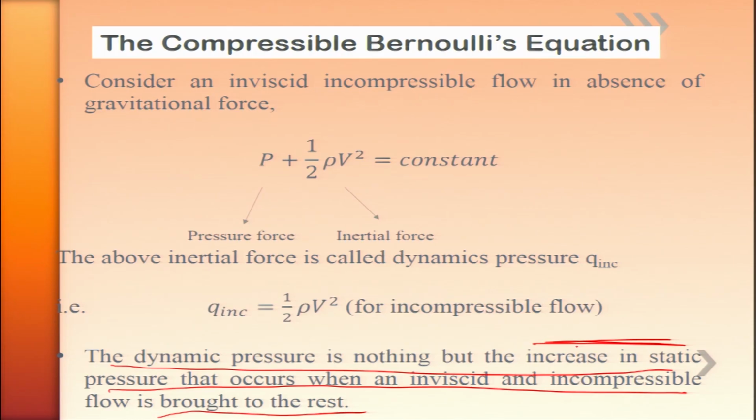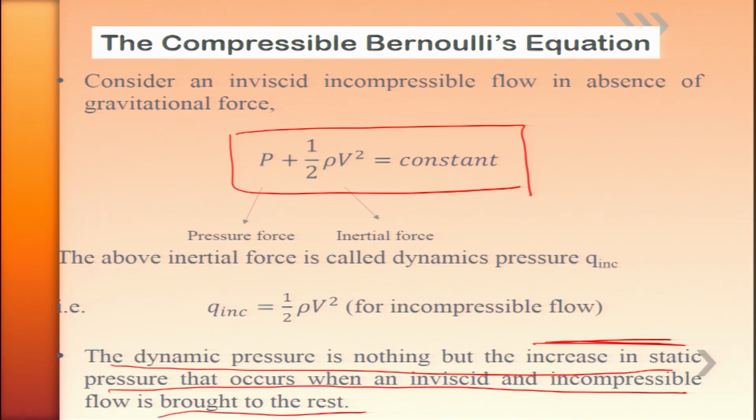Now, another very important fact which I want to discuss here. From the fluid mechanics courses, we are continuously applying and deriving the famous Bernoulli's equation, and we are aware that Bernoulli's equation for an incompressible flow is P plus half rho V square equal to constant, subject to the condition that we are ignoring the potential energy term.